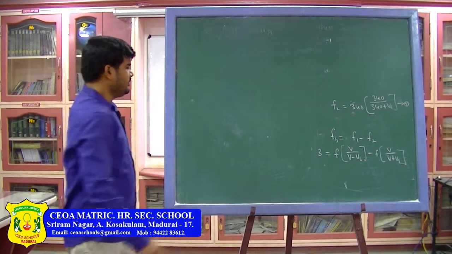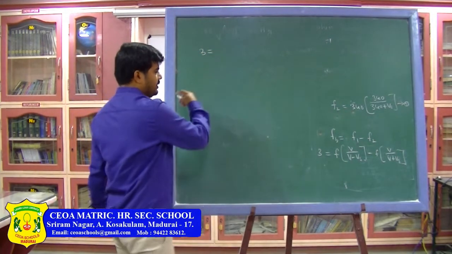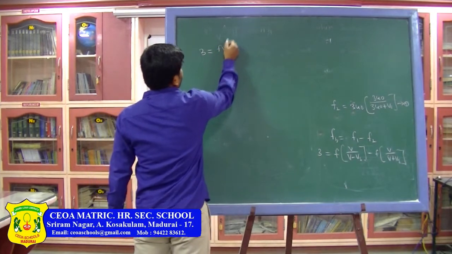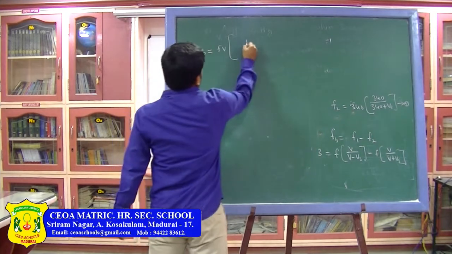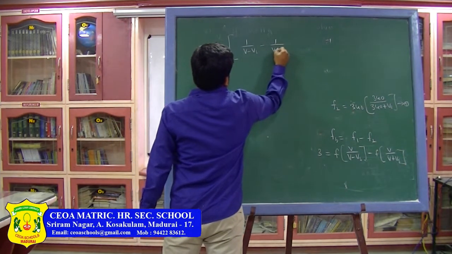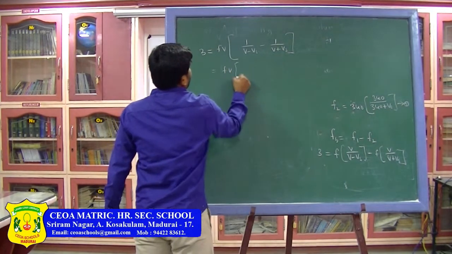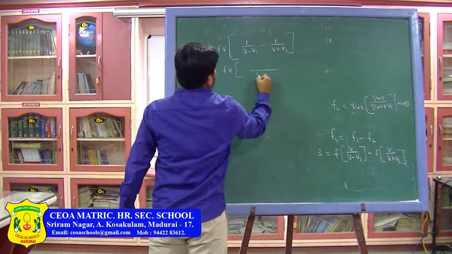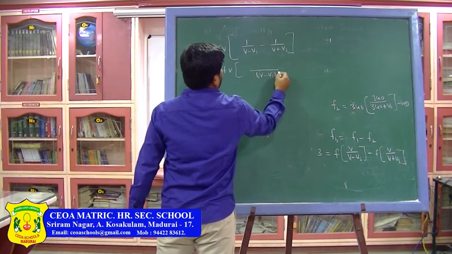So, 3 is equal to, taking Fv common, Fv into 1 by V minus Vs minus 1 by V plus Vs. Taking LCM, you will get V squared minus Vs squared, that is V minus Vs into V plus Vs.